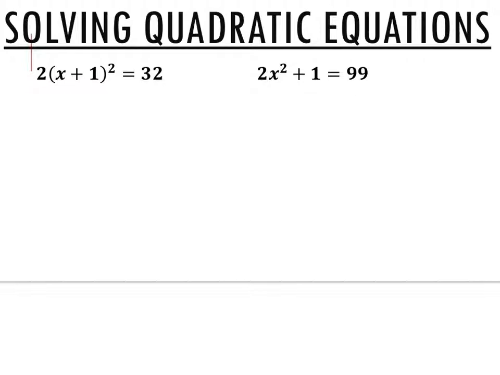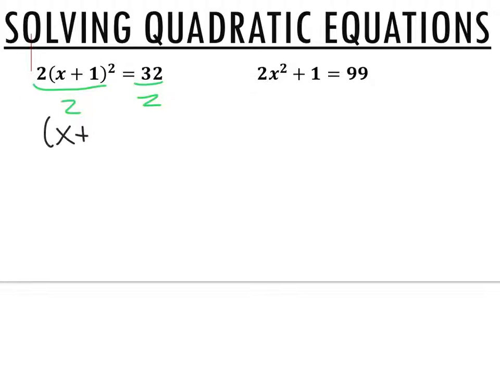Here we go. So again, I want to square root both sides, but I can't until this thing right here is by itself. In order to get the thing that's squared by itself, in this first example, I need to divide both sides by 2 first. I need to get the thing that's squared by itself.